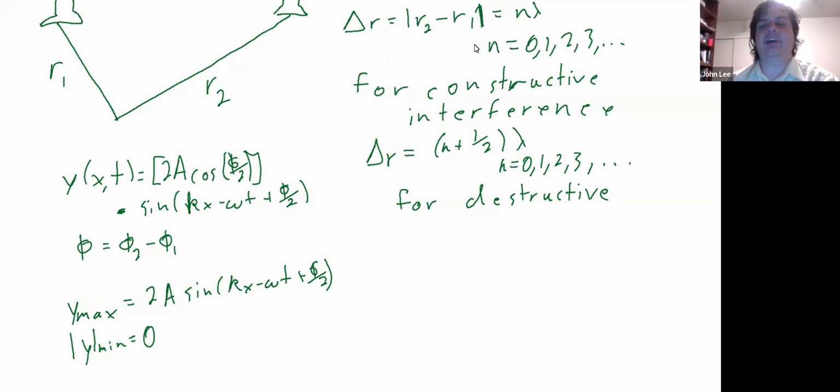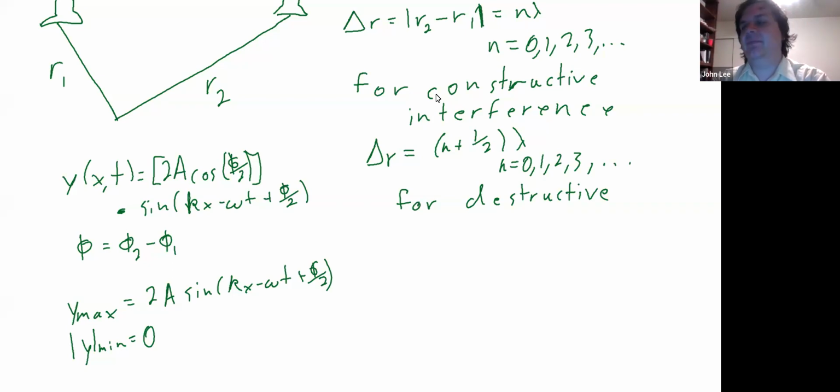some sum of n lambda for constructive interference, because when you have some sum of n lambda, then the phase angle between them is going to be 0. But for delta r equals n plus 1/2 lambda, the phase angle between them is going to be maximized so that it's cosine of phi over 2.